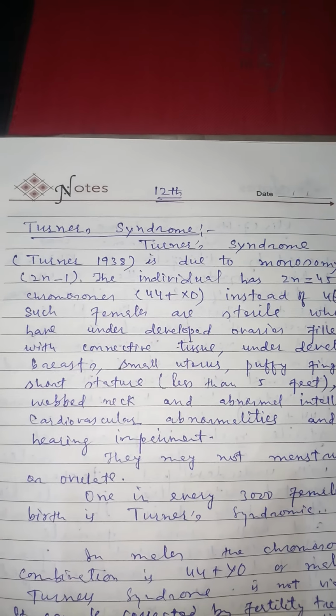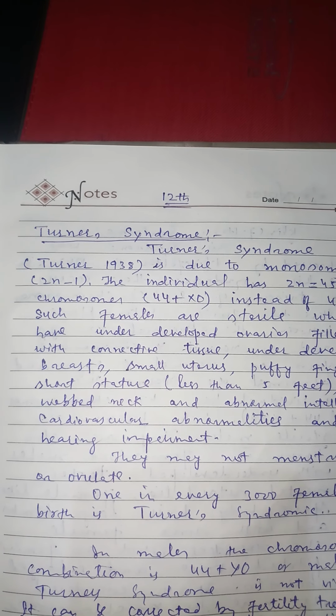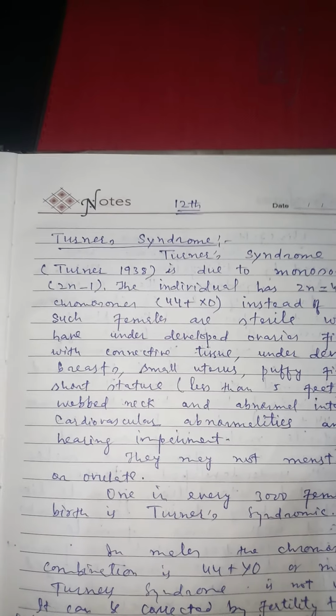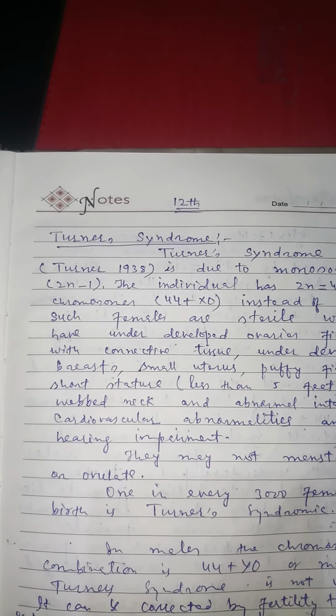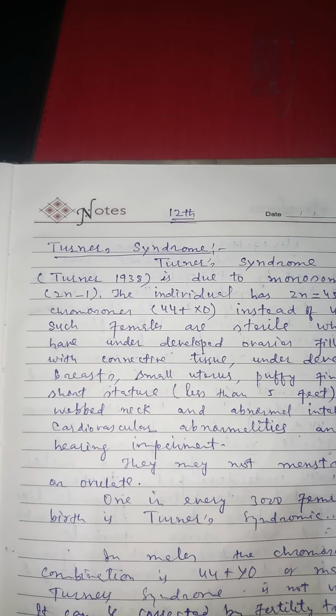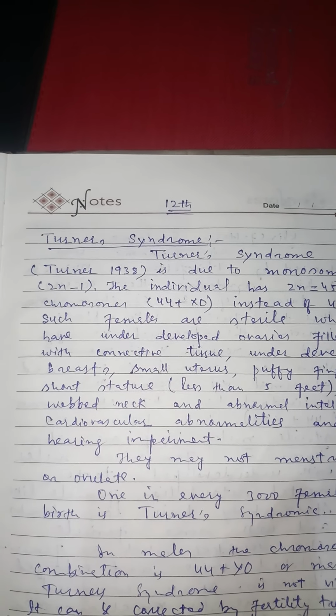And you know that in humans the diploid number is 46 chromosomes, that is 23 pairs of chromosomes, which equals 46 chromosomes. And the formula in Turner syndrome patients is 2n minus 1. This is monosomy.